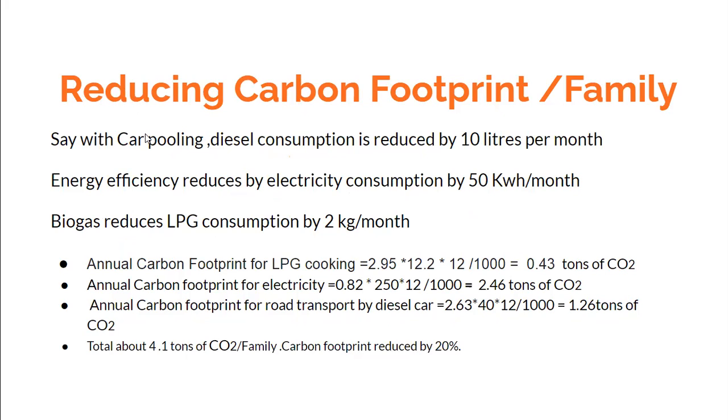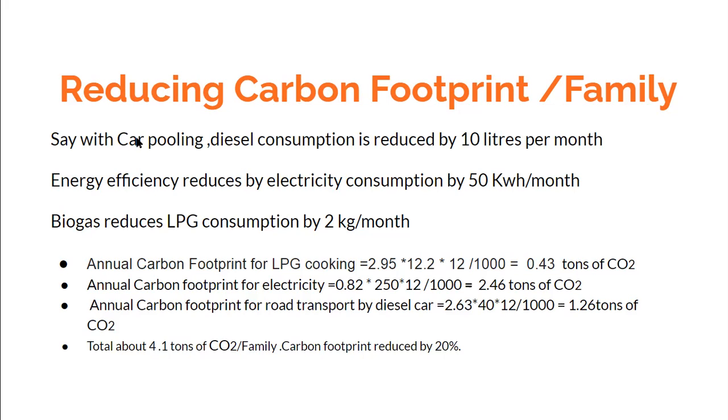By the interventions which were explained to you, let us club them all together as energy efficiency interventions. Let us say that this family is now able to reduce its electricity consumption by 50 units per month. And by switching over to biogas partially, let us say that they are reducing their LPG consumption by 2 kgs per month.